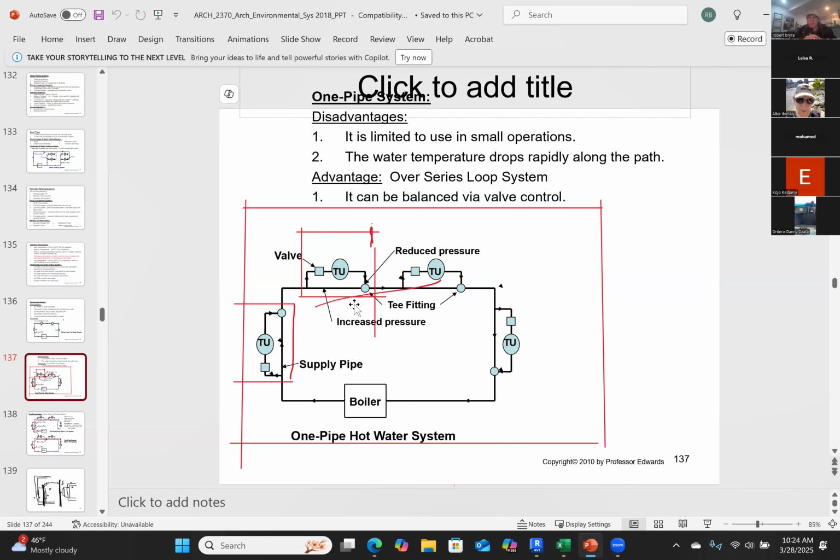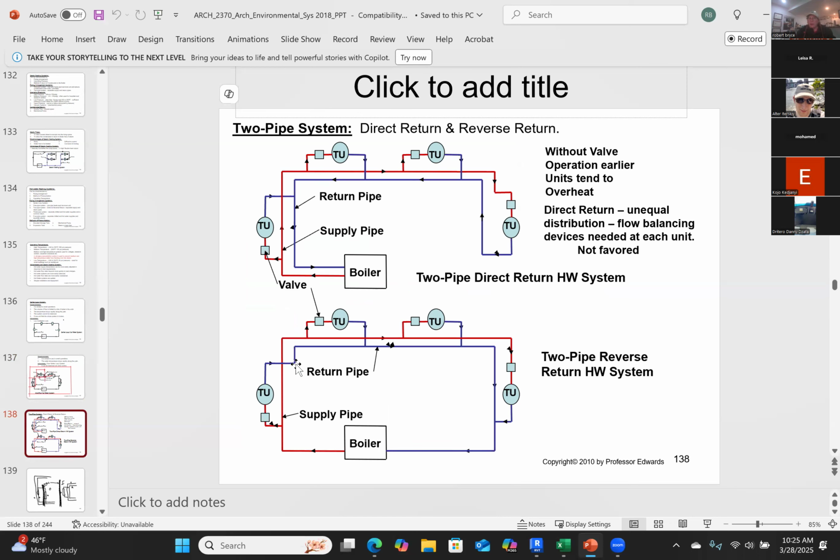Now, if we go to a two-pipe system, that's simply one pipe is a supply line in red, and one pipe is a return line in blue. So the blue would be the cooler water. The advantage of that is that we never take the cooler water, because remember, let's follow it around. Let's say 120 degrees here, we pull it through the terminal unit and it becomes 110 degrees.